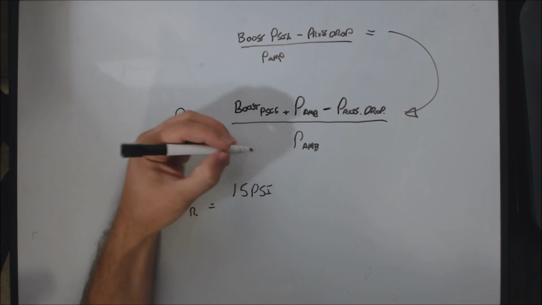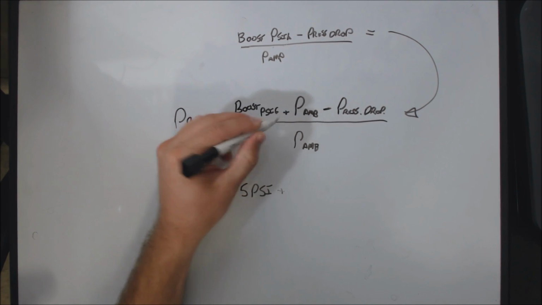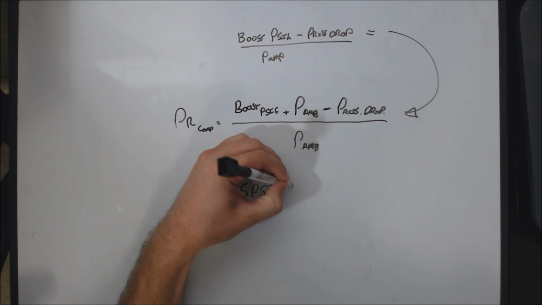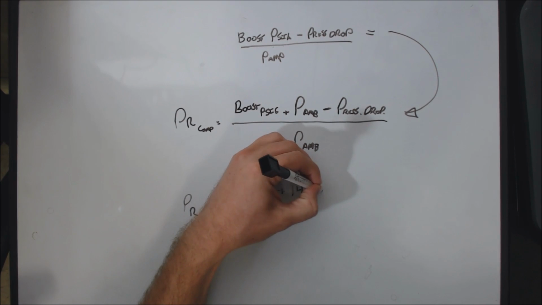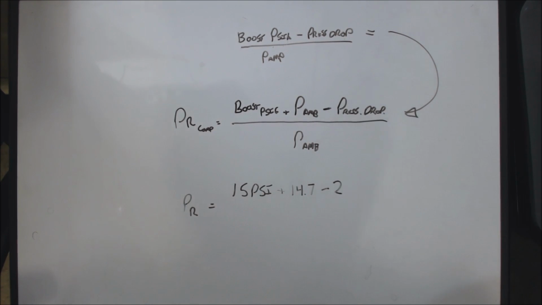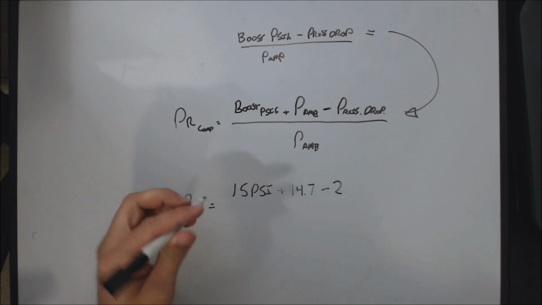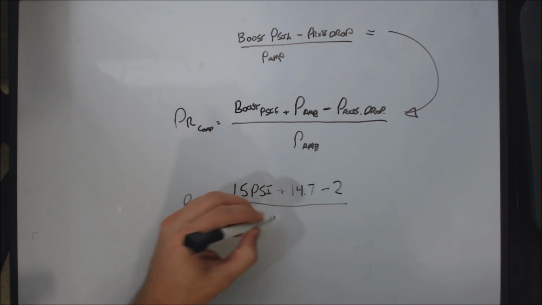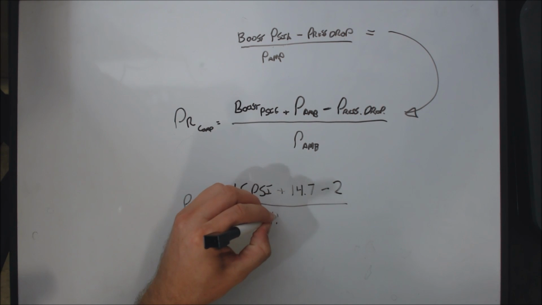So I'll say 15 psi plus ambient pressure 14.7 minus, let's say my intercooler drops 1 psi and my air filters drop 1 psi. Usually you can find the pressure drop ratings of an intercooler in the information that they give you before you buy an intercooler. And then divided by 14.7.